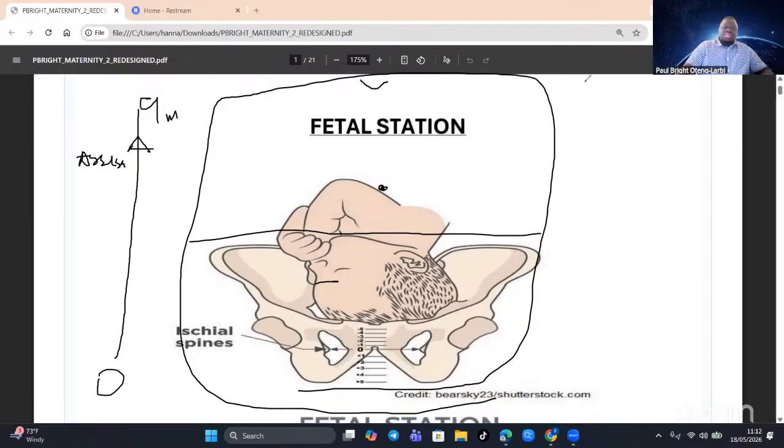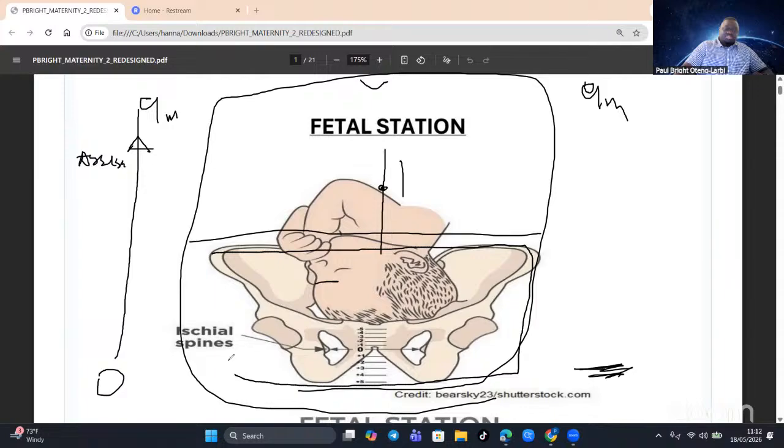Now, when it is time for the baby to be delivered, from 9 months, the head of the baby will be descending down. It will descend down till it gets to the level of the pelvis of the woman. At this stage, we look at what we call station.